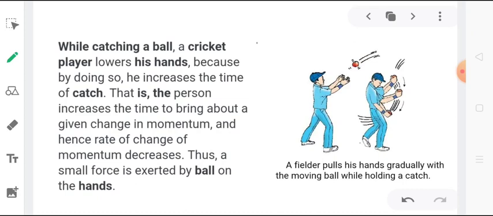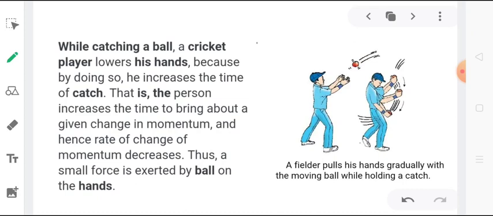Now I am quite sure that all of you might be having a great liking for watching cricket matches, and you might have seen that while catching a ball, a fielder always moves his hands backwards. Why does he move his hands backwards? What is the purpose of doing that?